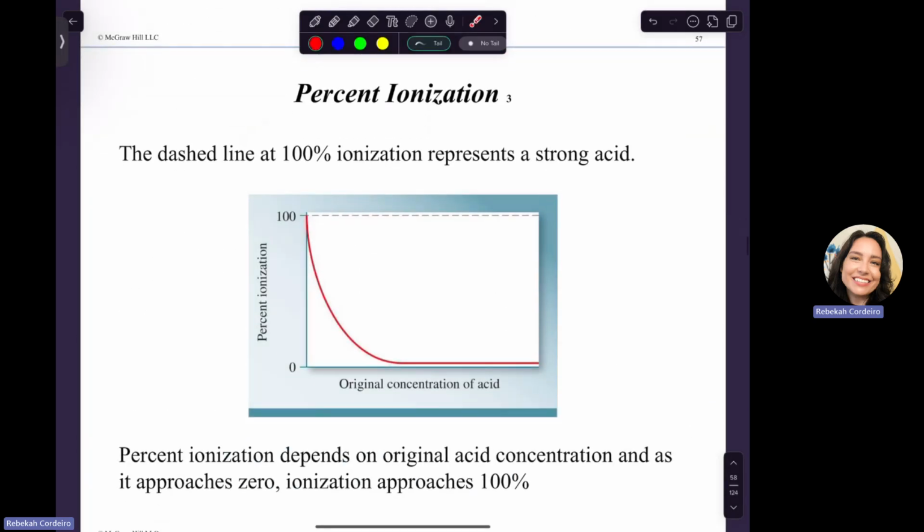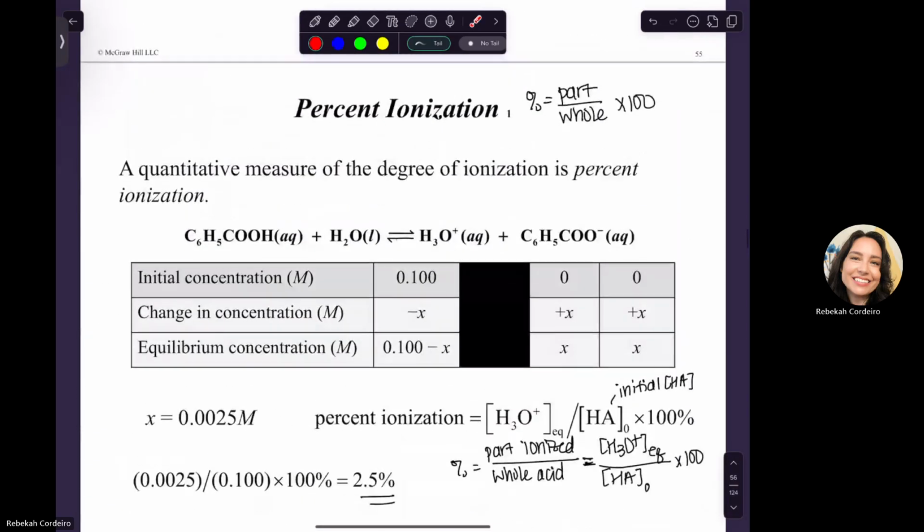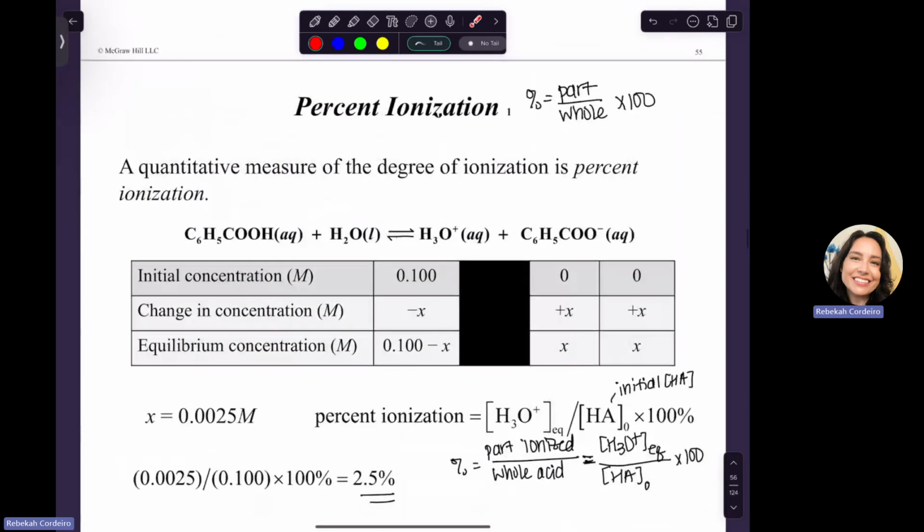This graph is showing me that as we increase the concentration, the percent ionization gets lower. So the smaller amount of acid that we start with, the more it will ionize, the more it'll break down.